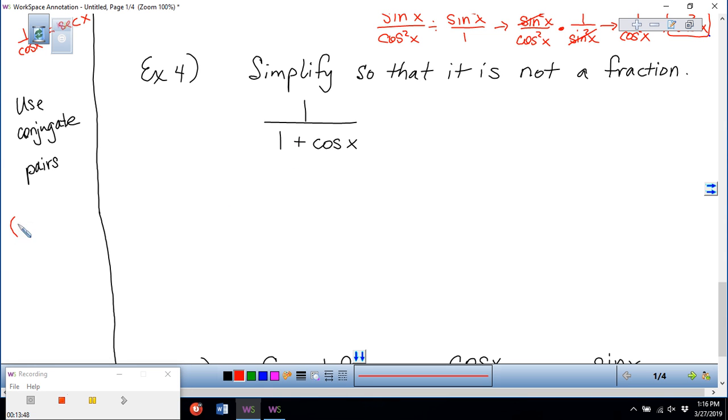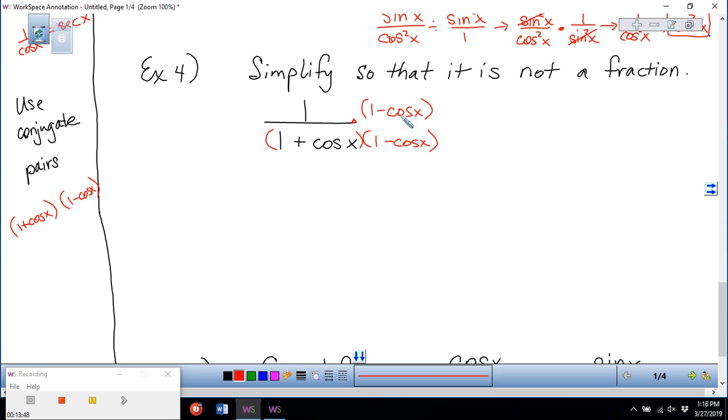So if I have 1 plus cosine of x, then the conjugate pair of that would be 1 minus cosine of x. So I'm going to be multiplying the denominator by 1 minus cosine of x. Now whatever I do to the numerator, I have to do to the denominator as well. So I'm going to be multiplying 1 minus cosine of x in the numerator as well.